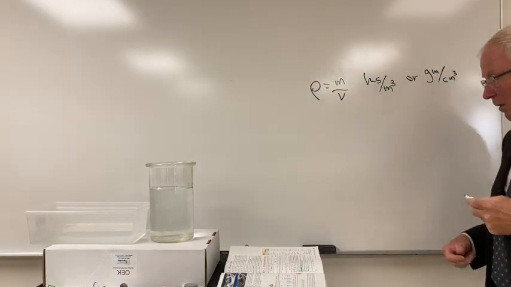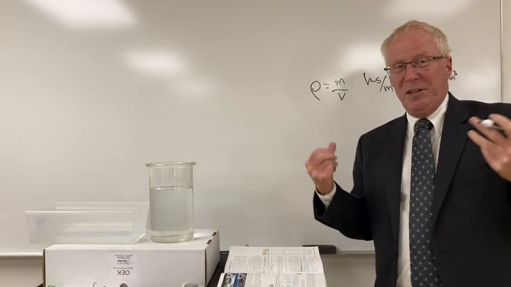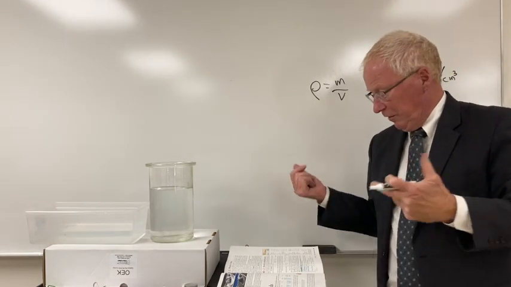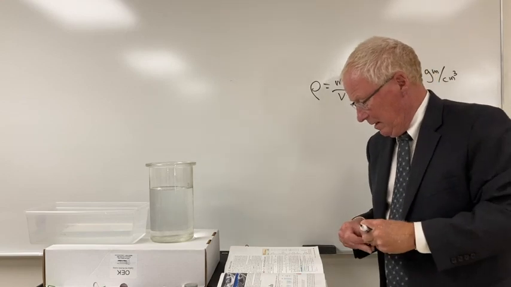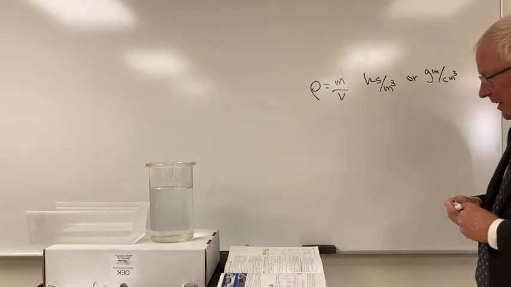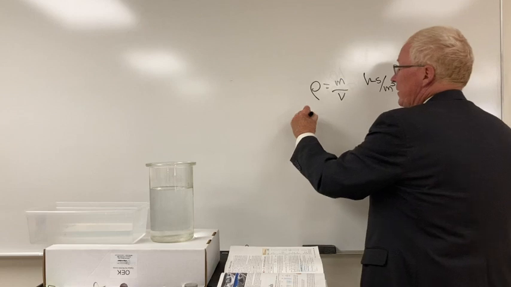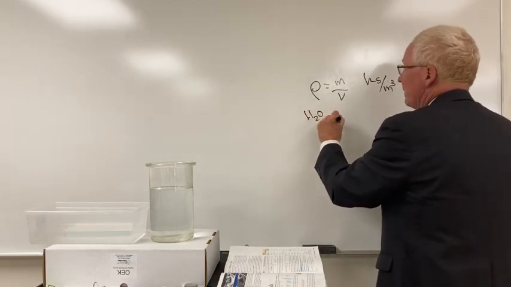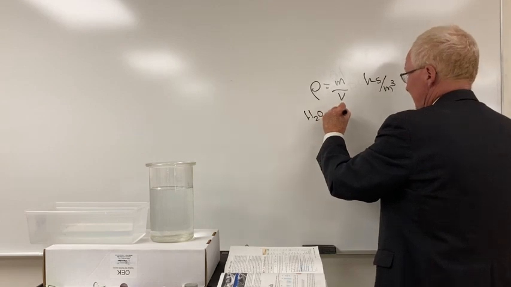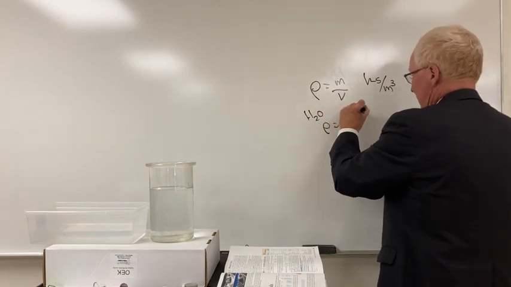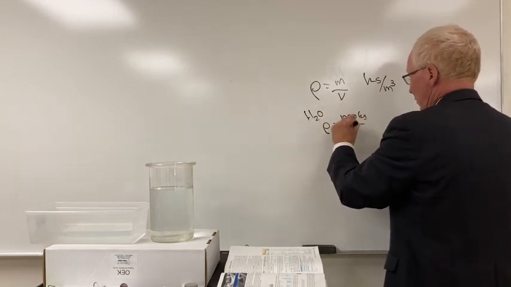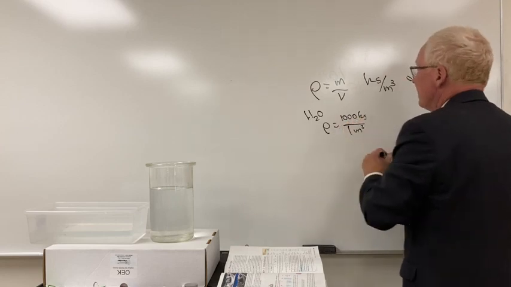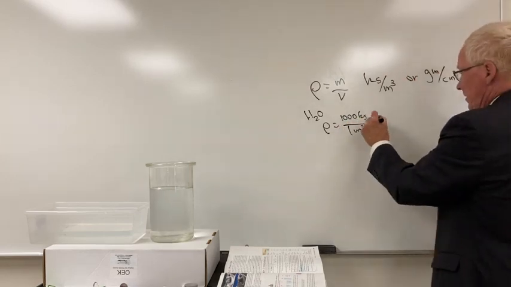What we're going to have here is a table that shows different liquids or such. And part of it is, the standard we'll have is water, H2O, with a standard density of 1,000 kilograms per cubic meter.